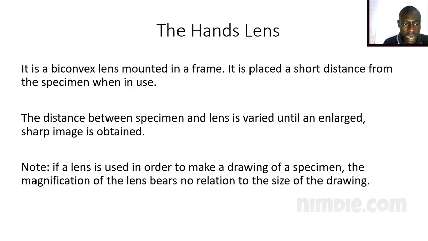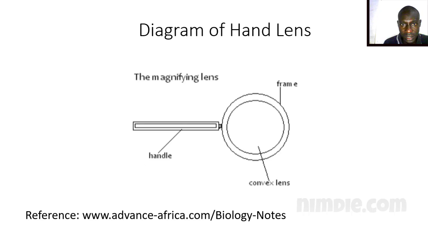Note, if a lens is used in order to make a drawing of a specimen, the magnification of the lens bears no relation to the size of the drawing. This is the diagram of the hand lens. It has a frame in which the biconvex lens is fixed and a handle.